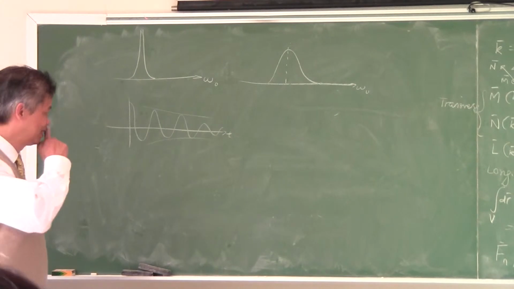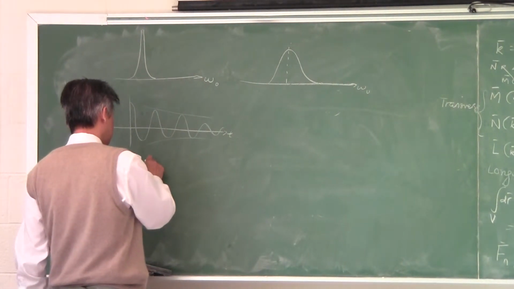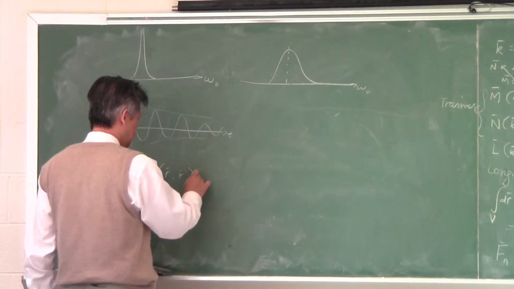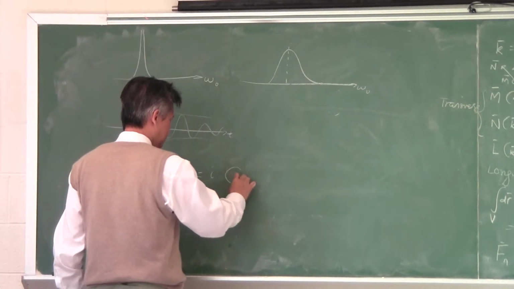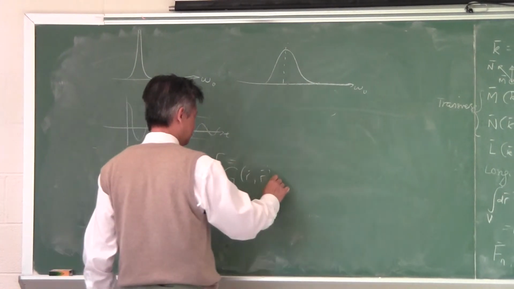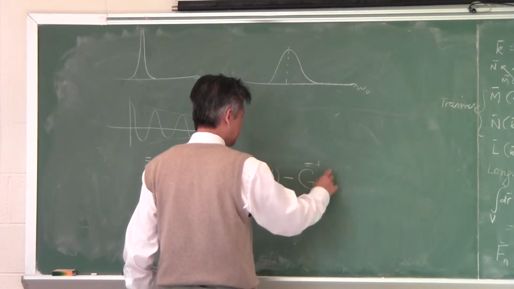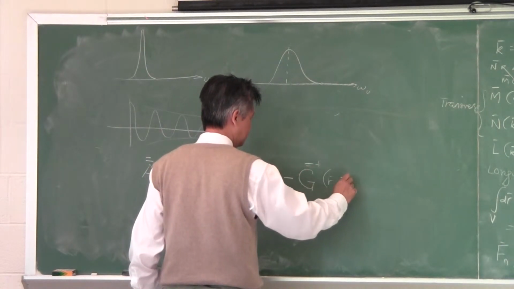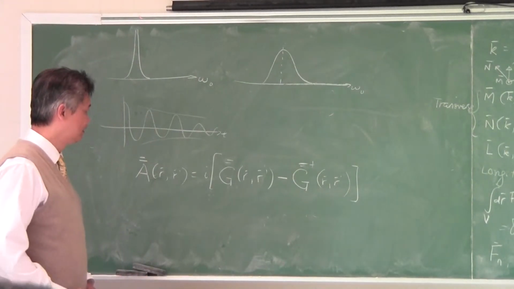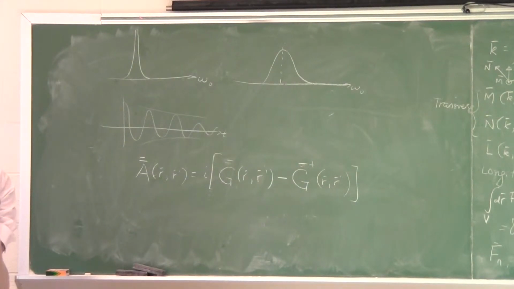Well, there's something called the spectral Green's function, which is the Green's function minus its Hermitian conjugate. If you think of this Green's function, it is not physical.